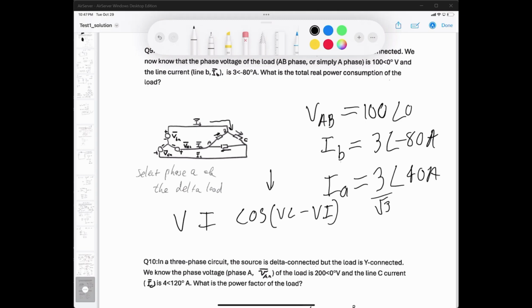Now, the angle is going to be different. Since this is a delta, line current will lead phase current, so we're adding 30 degrees here.